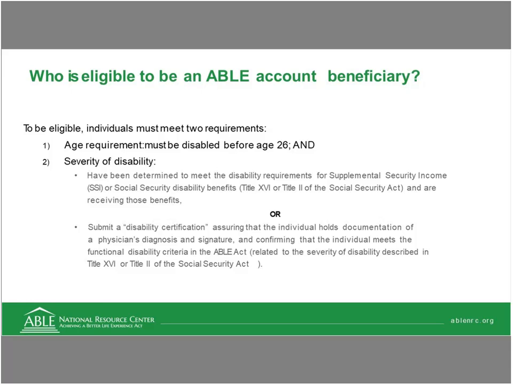Let's say that you meet the age criteria, but for whatever reason you are not currently a beneficiary of SSI or SSDI. You may still be able to open up an ABLE account, but you would have to receive what's called a disability certification. Actually, you don't have to submit it, I'm going to correct myself there. But you would have to receive a disability certification assuring that the individual holds documentation from a physician that includes a diagnosis and that physician's signature and confirms that the individual meets the functional disability criteria that's articulated within the ABLE Act.